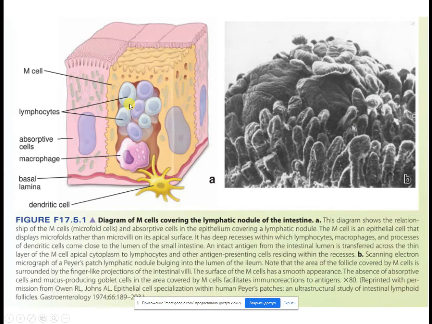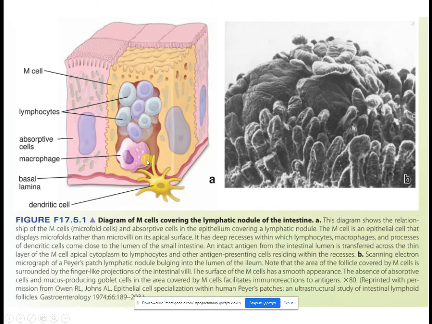And a little bit we started here. So this is a typical M cell. As I said before, it works as a lymph nodule, which traps the composition of the microflora of the intestine, and here it's analyzed.